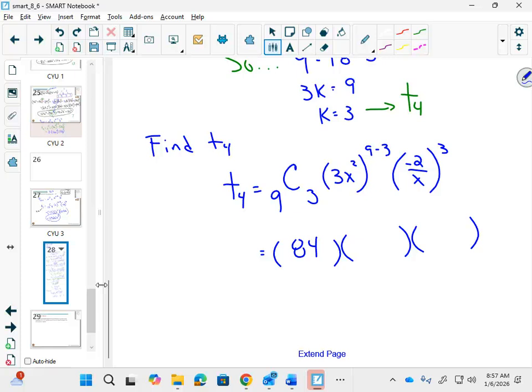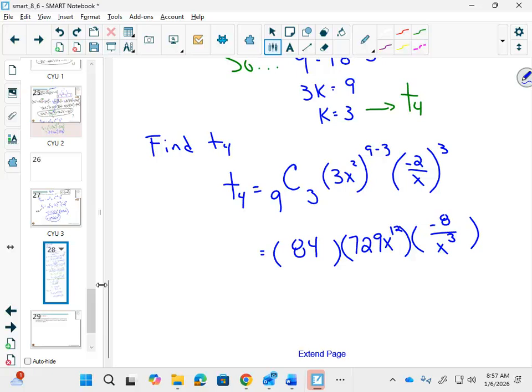3 to the exponent of 6, 729. x squared to the exponent of 6, x to the 12. Negative 2 to the 3 will be negative 8, and x cubed. So I do my exponent rules first. Now I'm going to put my numbers together.